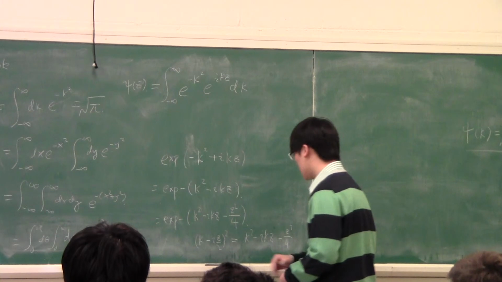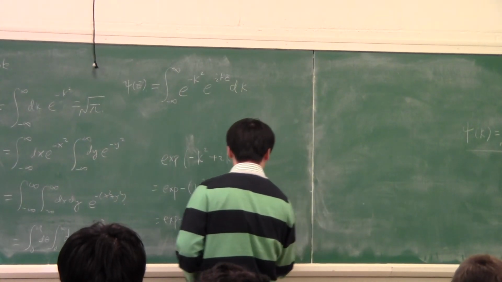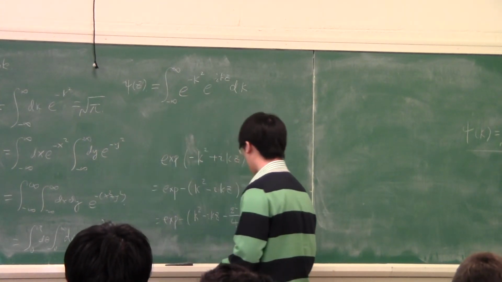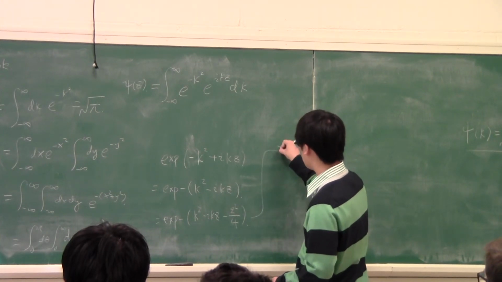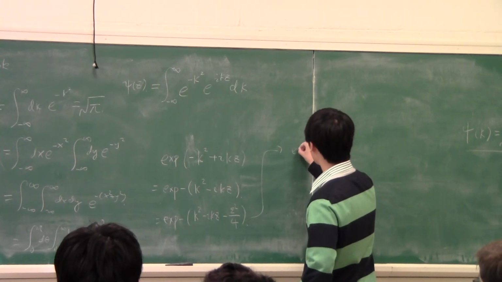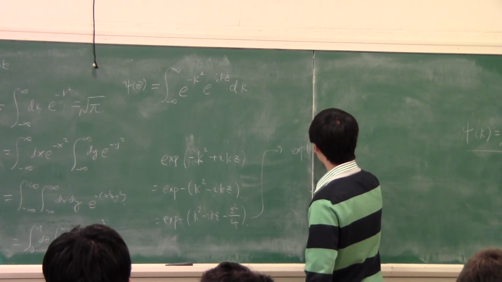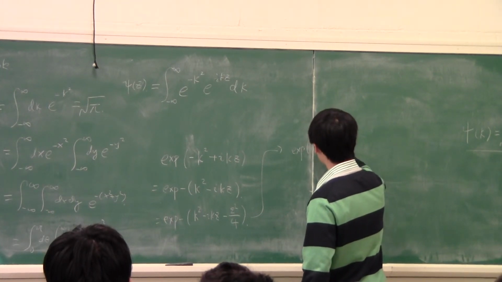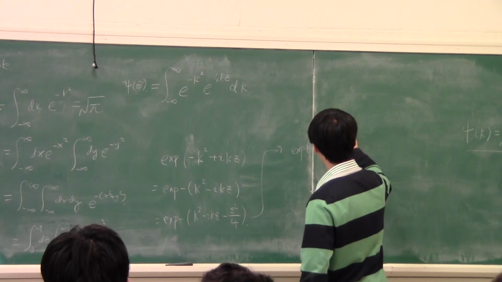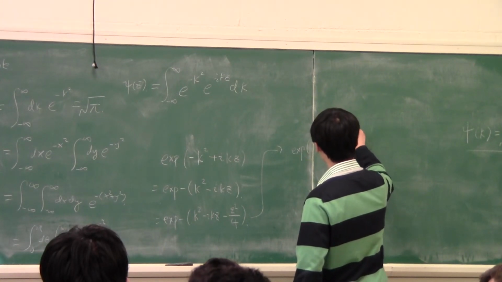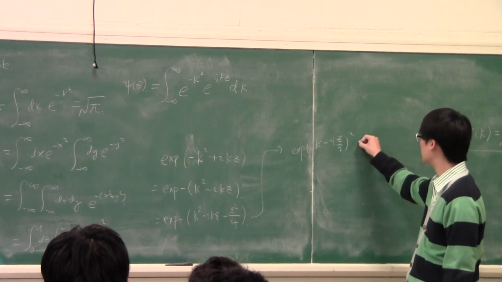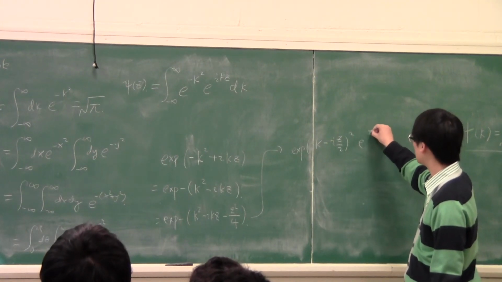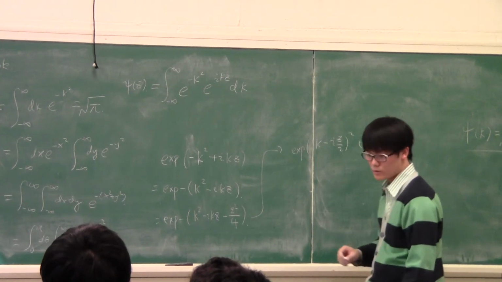So that's how you complete the square here. Okay, so that amounts to k, 2 minus sign gives you a plus, right? So you need to factor this by c squared over.